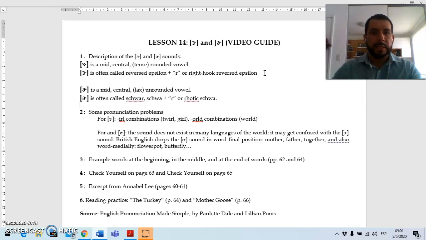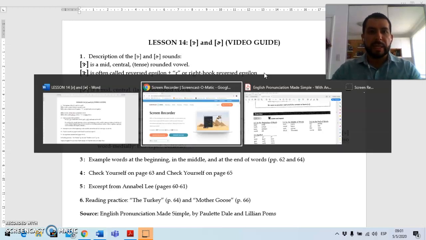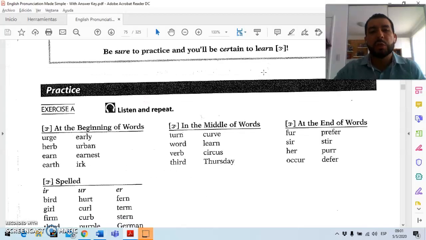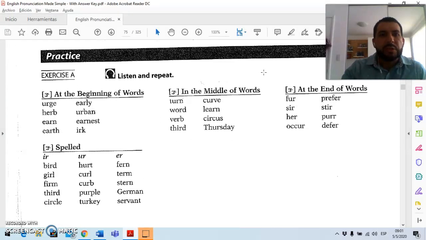Okay, so let's look at some example words at the beginning, in the middle, and at the end on pages 62 and 64. On 62, you will find the example words for the stressed sound. At the beginning, you have words such as urge, herb, although you can also say herb, earn, earth, early, urban, earnest, irk.